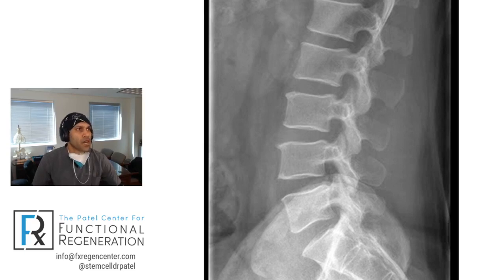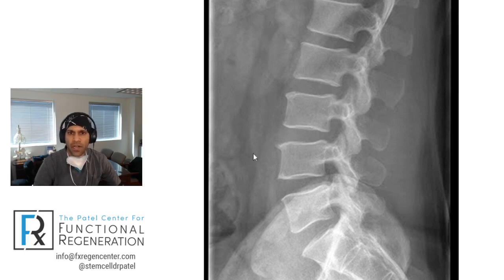So today I'm going to go over first a little bit about the anatomy again. I've done this before, but I want to make sure that we're all on the same page, because before I was drawing things out for you and showing things on MRI. Today I wanted to show you this X-ray. This is a side view of the spine.